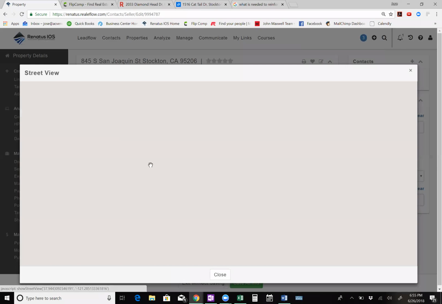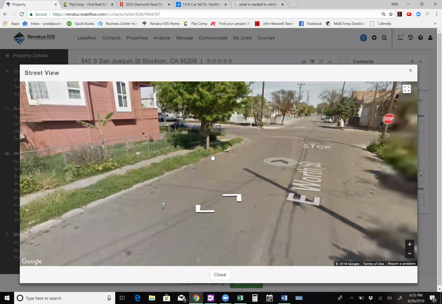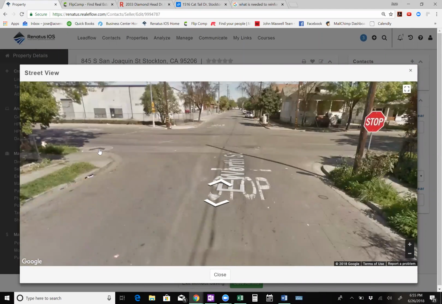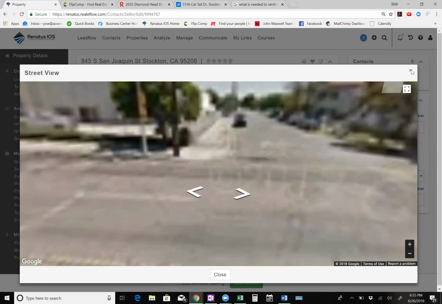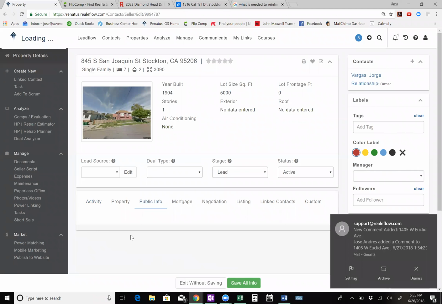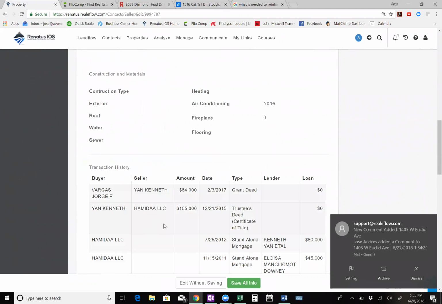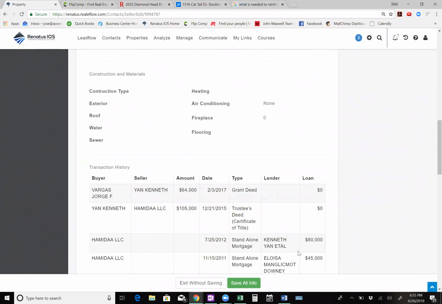All right, so this is the property right here, and they remodeled it, right? Yeah, it's remodeled. I've seen the pictures they sent. And she said she just got under contract today. All right, so they purchased it for $64,000 in 2027.